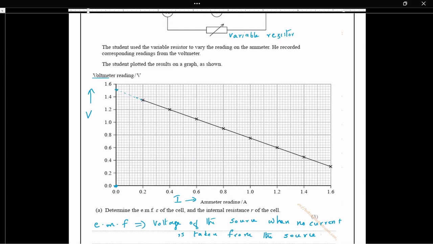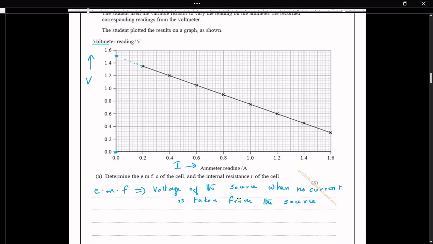According to the definition, EMF is the voltage of the source when no current is taken from the source, so from the graph, EMF equals the y-intercept.